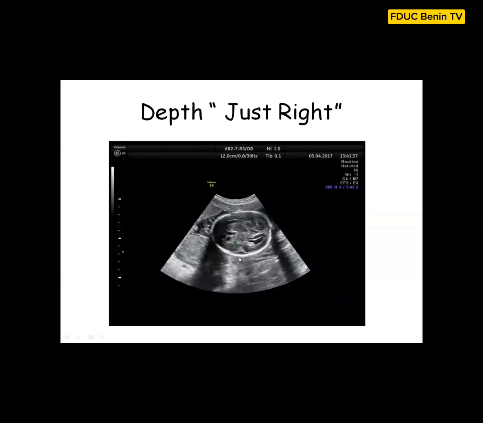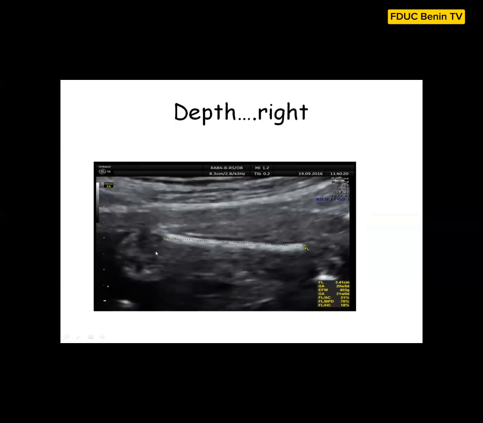You find out that the space posterior to this fetal head is not so much because the depth is right. So adjusting your depth is very, very helpful. This is the fetal femur occupying like 3/4 of the screen because the depth is right. It's not too high, it's not too deep, it's not too shallow.